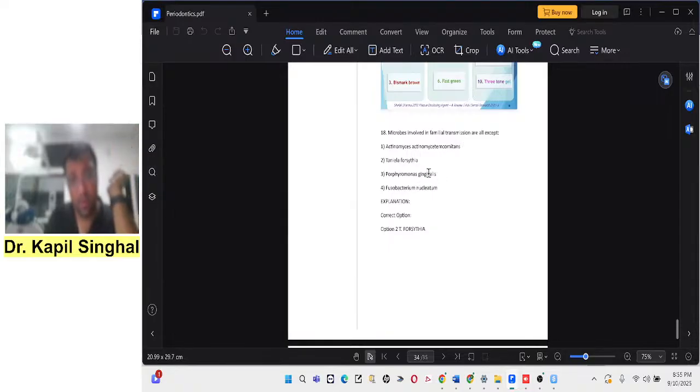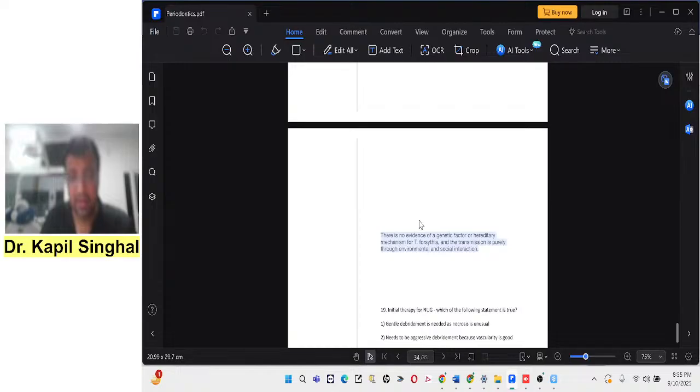The same is true for Porphyromonas gingivalis and also for Fusobacterium nucleatum. But for Tannerella forsythia, there is no literature which says it is involved in familial transmission of a disease. So the best answer here would be Tannerella forsythia.